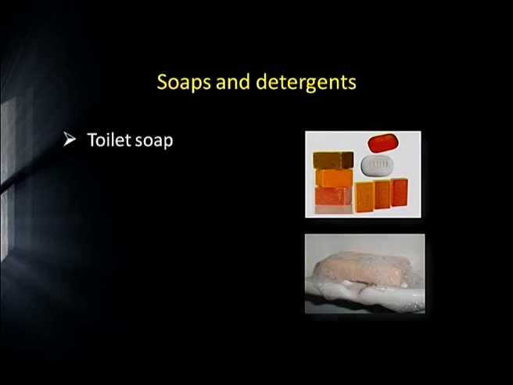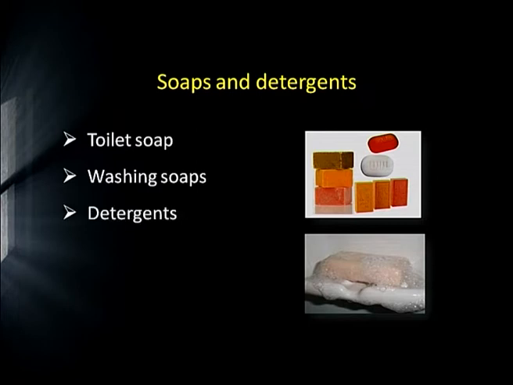Think of a bath without soap. You cannot imagine. And you get thousands of different varieties of toilet soaps to your choice. Then we have washing soaps, detergents. You must know the difference between soaps and detergents. For washing, detergents are better than soaps.